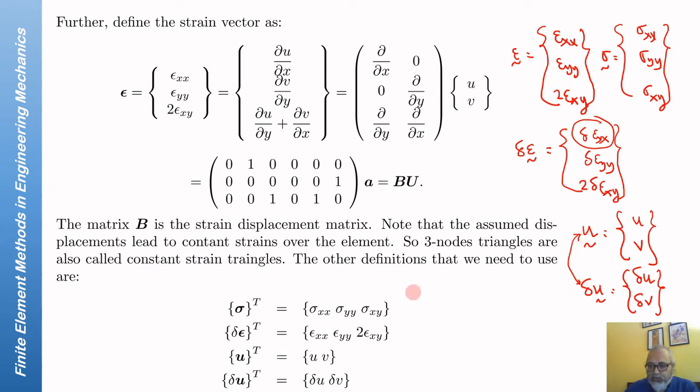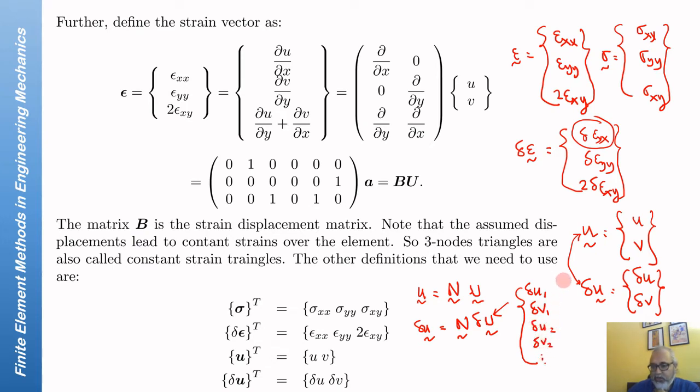So U has been discretized as this. U has been interpolated using this shape function, which we have said is a 2 cross 6 matrix. So delta U will be N delta U, where these are the nodal variational displacements: del U1, del V1, del U2, del V2, and so on.